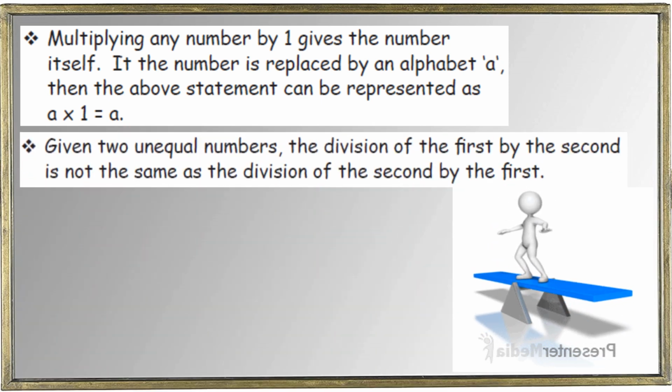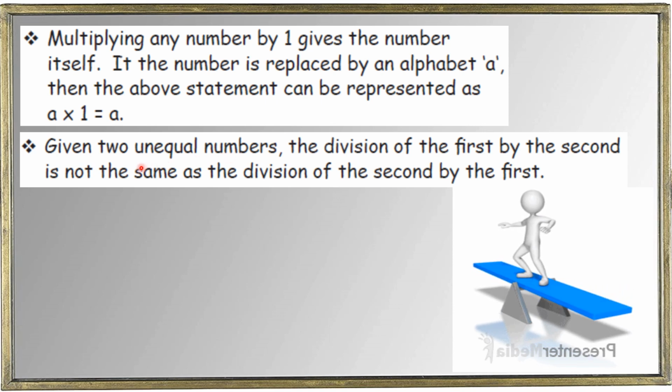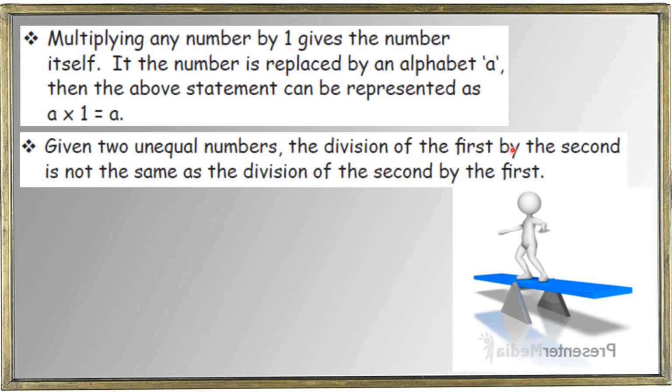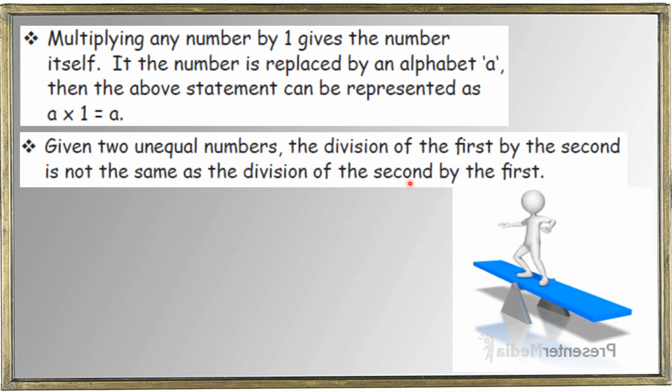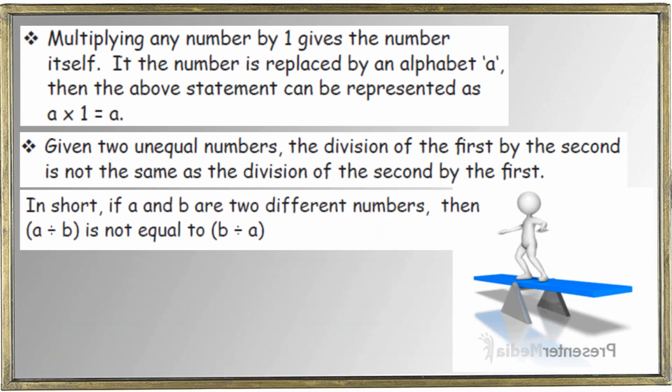Let us see the next one. Given two unequal numbers, the division of the first by the second is not the same as the division of the second by the first. So a little bit of confusion, isn't it? Okay, I'll explain from this.